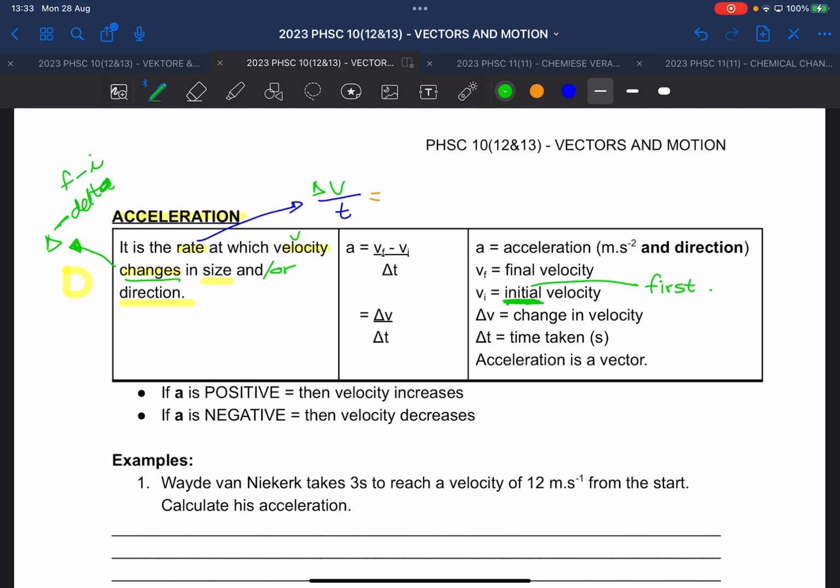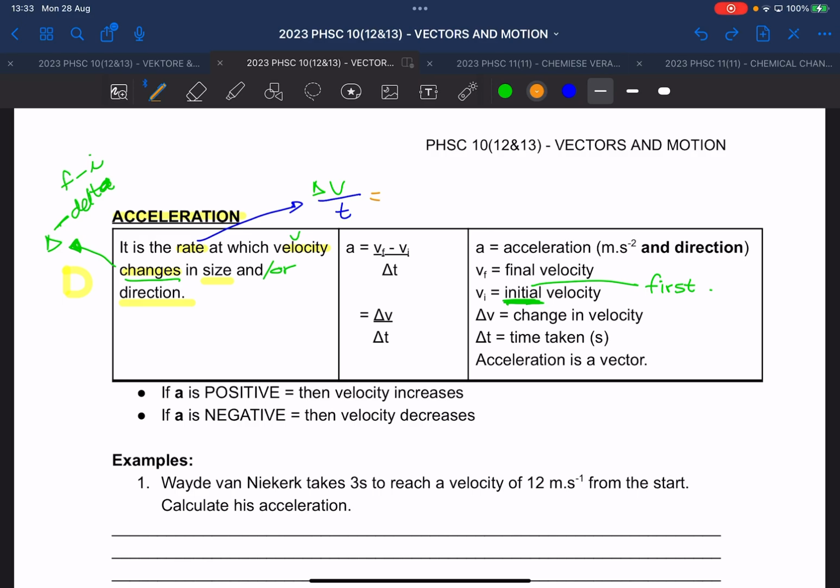Right, so let's just check. I said delta is the change in, means final minus initial, or the last one minus the first one. So the rate divided by time at which velocity changes, so the change in velocity. Now, what do we measure velocity in?